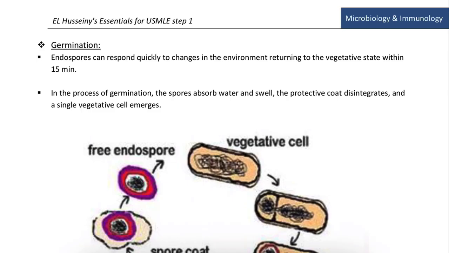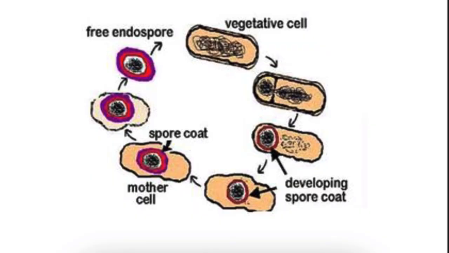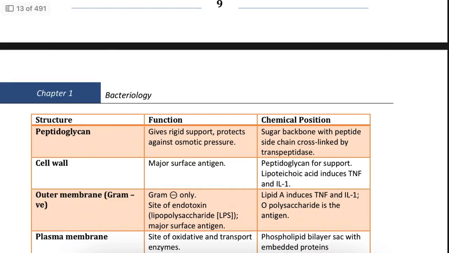For every bacterial structure we went deep and discussed many things, clinical relevance, functions and some examples of bacteria also. In the next video we are going to discuss the structures, functions and chemical compositions.